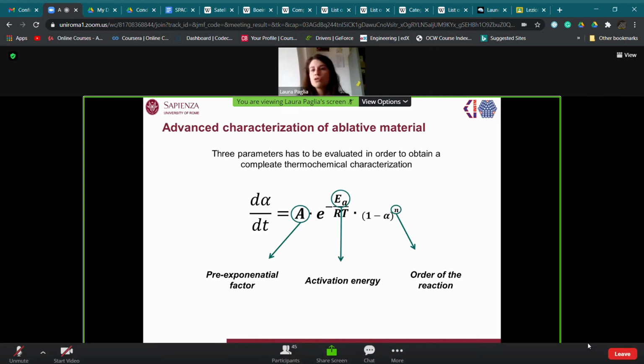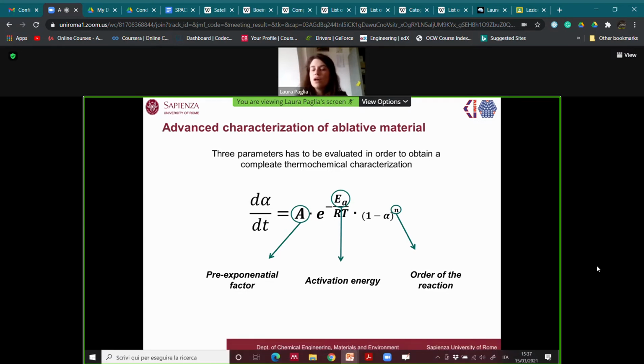During this lesson we will understand only how to use the Friedman method, because the Friedman method is the simplest. It is very common, very used. It is quite reliable, even if nowadays there are some thermochemical software which use modern methods.